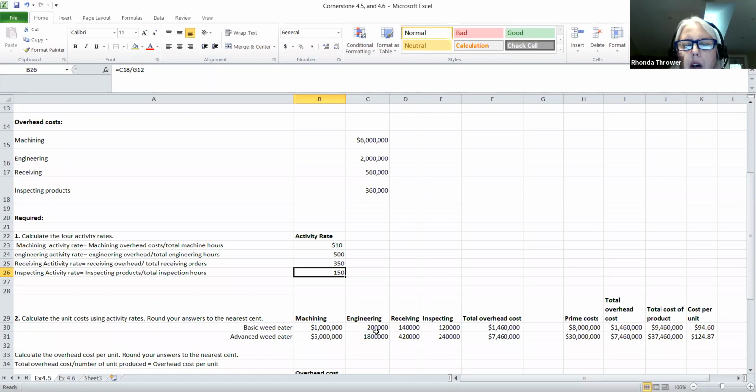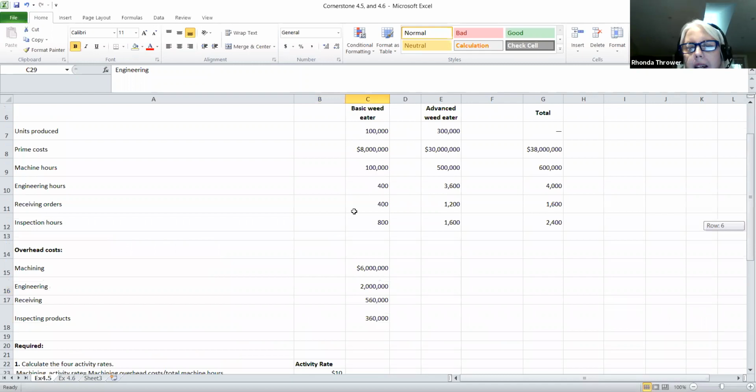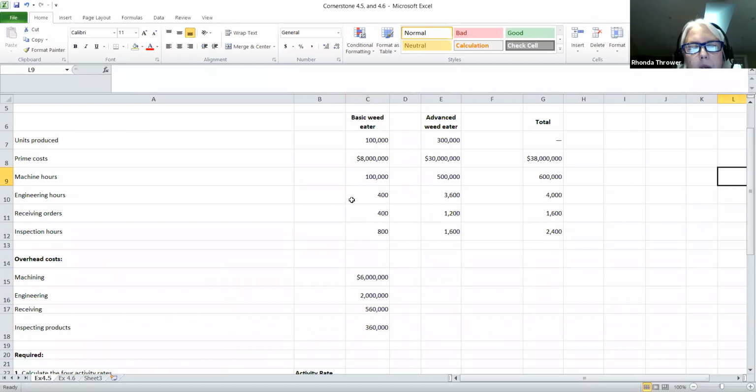So we've got to figure out the number of hours that the basic weed eater was using and multiply it by the activity rate. So for machining, for engineering, here, we're going to pick up the activity rate for engineering, which was $500, and we're going to multiply that by the basic weed eater engineering hours, which was 400 hours.